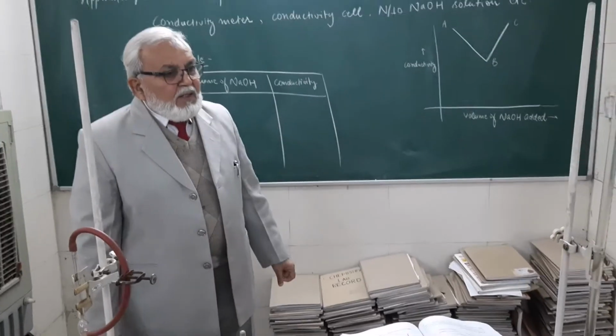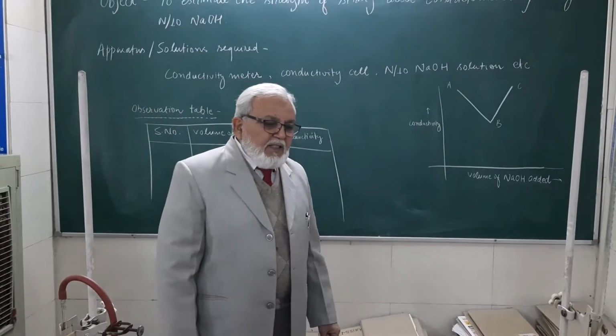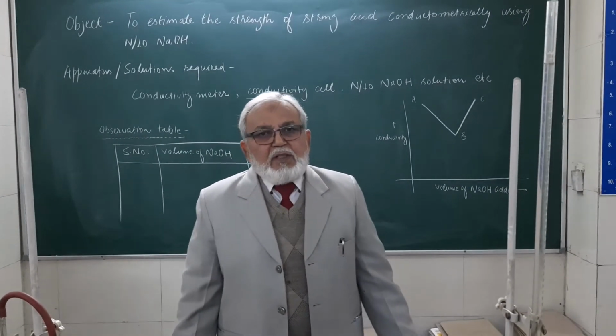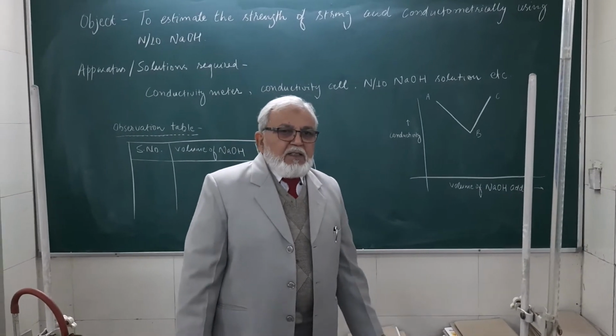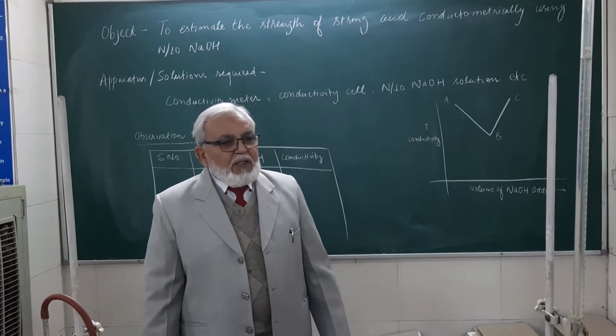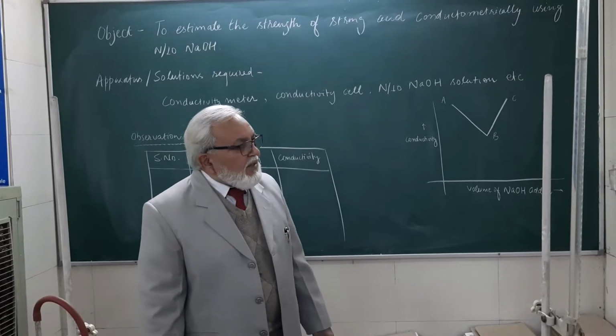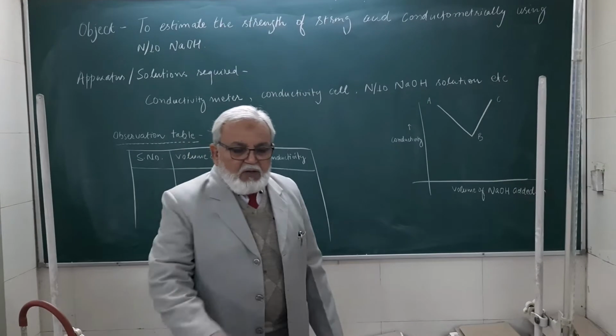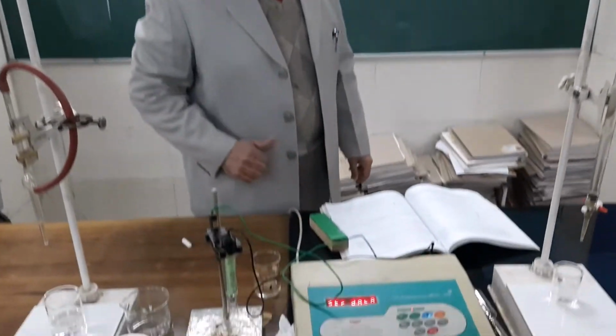This is also a type of acid-base titration in which we do not use indicator. Here the completion of reaction or equivalence point is obtained by measuring the conductance of the solution on a conductivity meter.